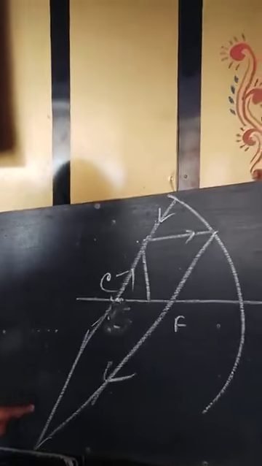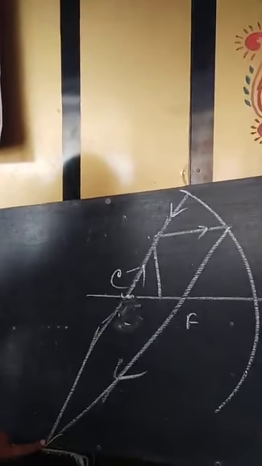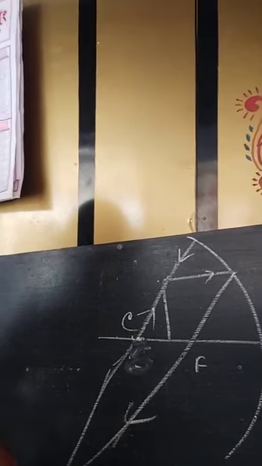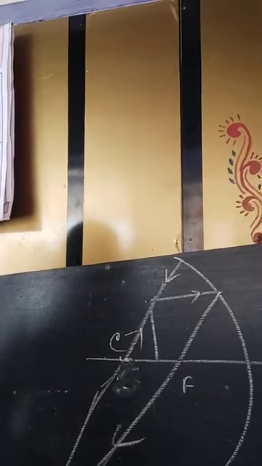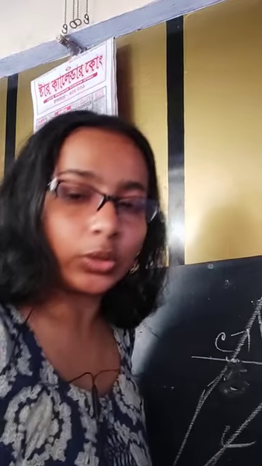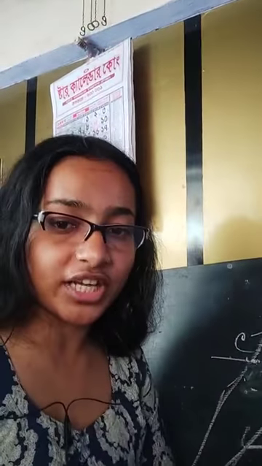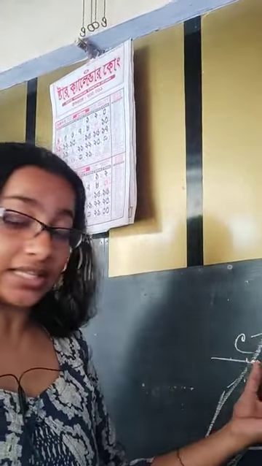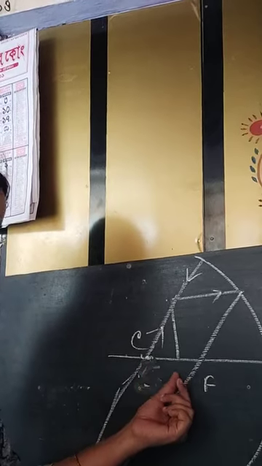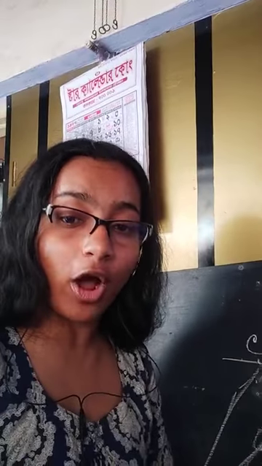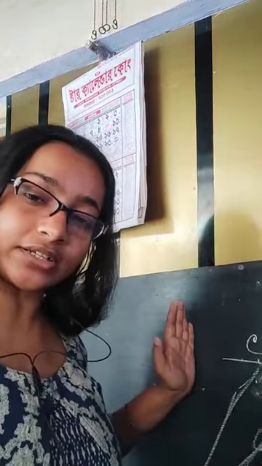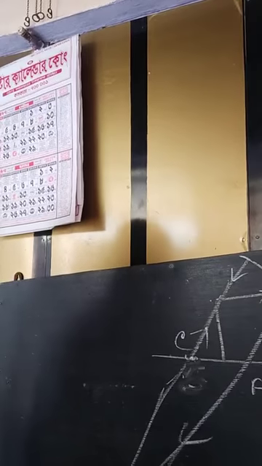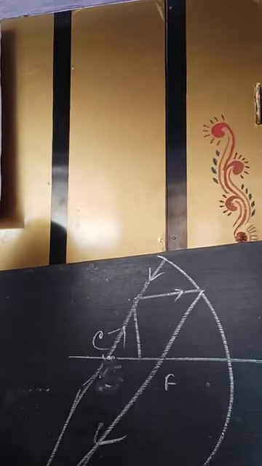By seeing this, what can you conclude? You can conclude that if the object is placed in between the center of curvature and focus, the image will be formed behind the center of curvature. That is, here it is drawn.